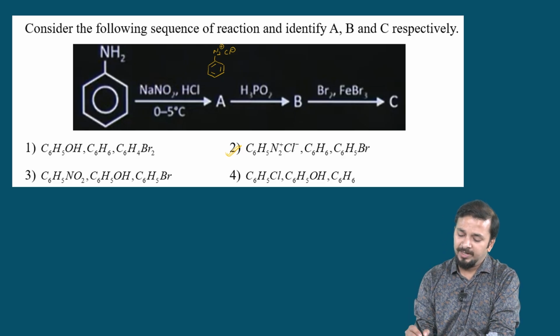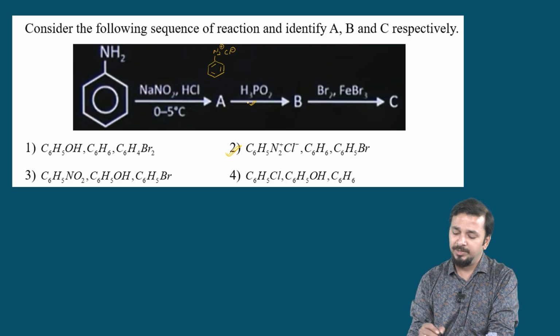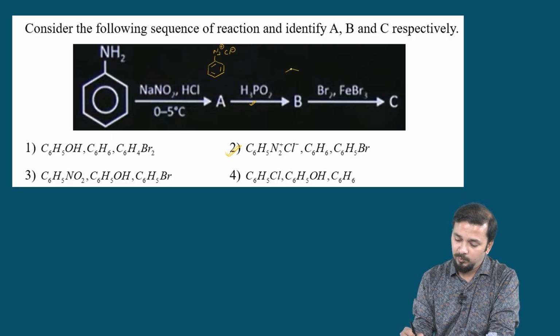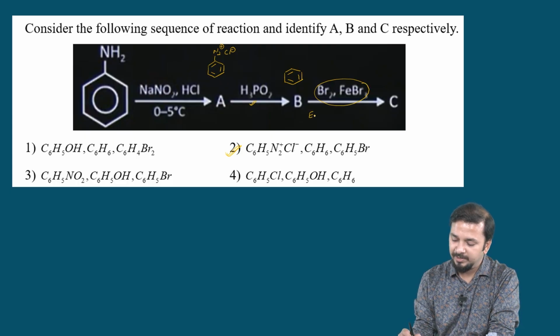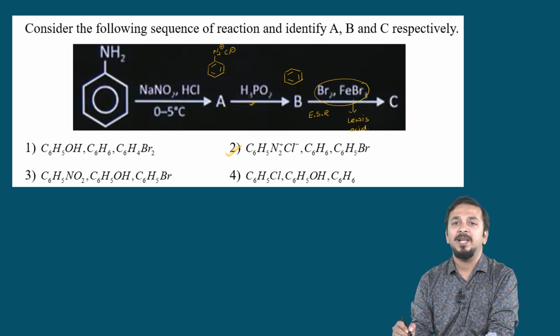Now, benzene diazonium chloride is treated with H3PO2. When it is treated with H3PO2, it will be converted to benzene. And benzene with Br2/FeBr3 will undergo electrophilic substitution reaction. FeBr3 we know is a Lewis acid, and this FeBr3 will generate the electrophile.